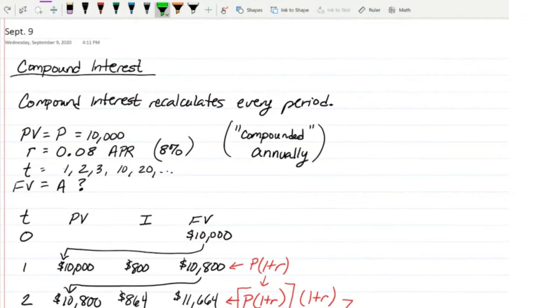And the t-value, how many years, I chose to let that kind of go. I think we did a couple of years' worth, 0, 1, 2, 3, 4. And the future value, that's what we want to calculate. We called that A in bank account terms, the accumulated amount or the final balance.